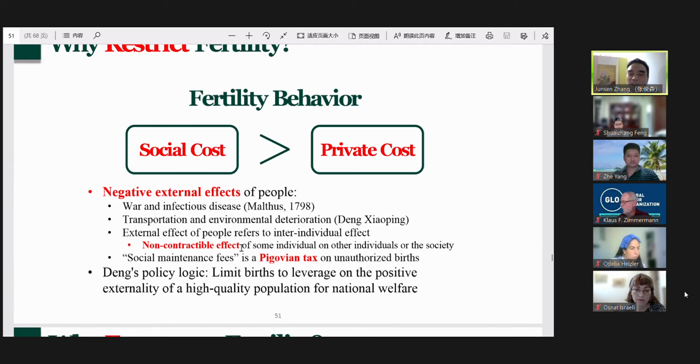And especially if there is negative externality, then we need to regulate, we need to restrict fertility. So the penalty is like a tax. We think perhaps Deng's policy logic was to limit births to leverage on a positive externality of a high quality population for national welfare.